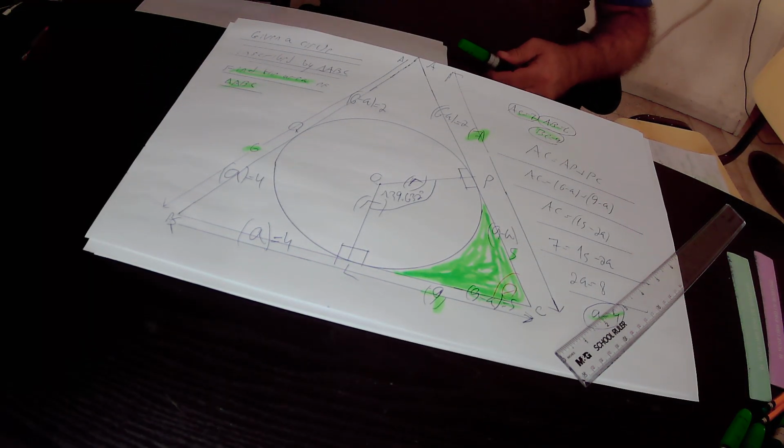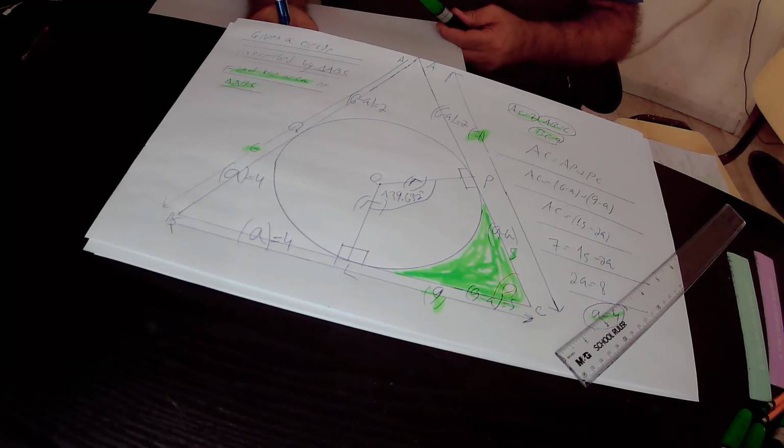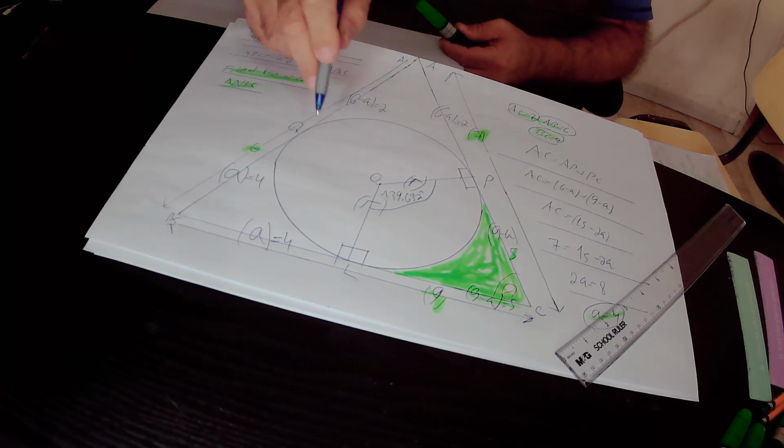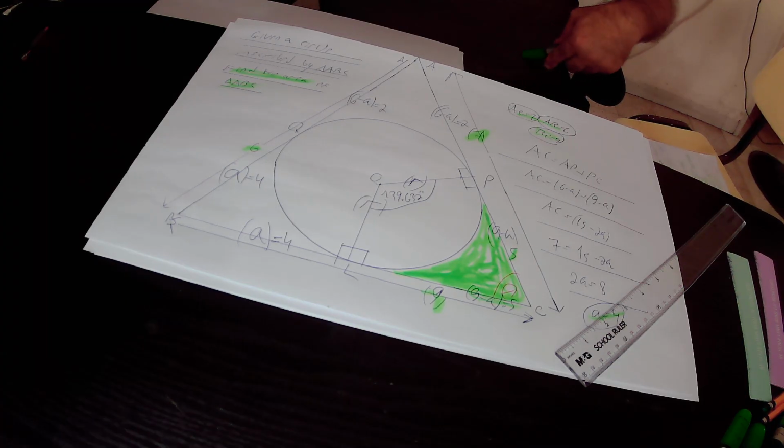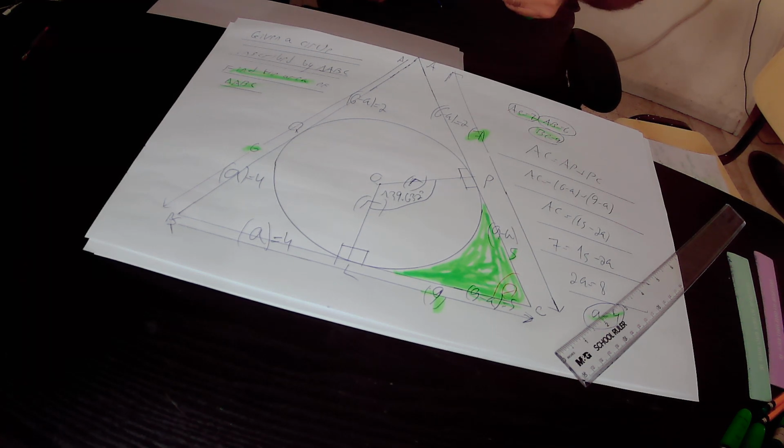Triangle ABC circumscribes this circle; this circle is inscribed in triangle ABC. We have a special formula for the area of a triangle that circumscribes a circle.